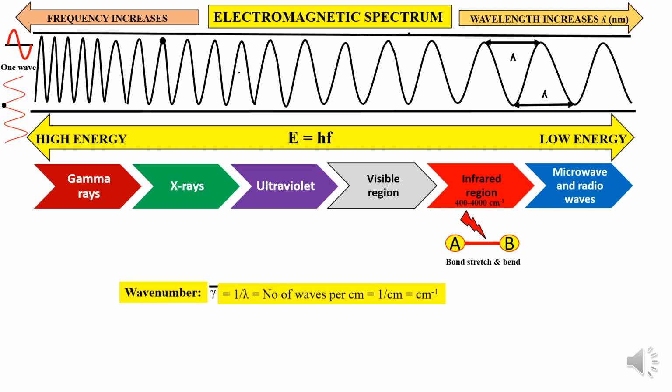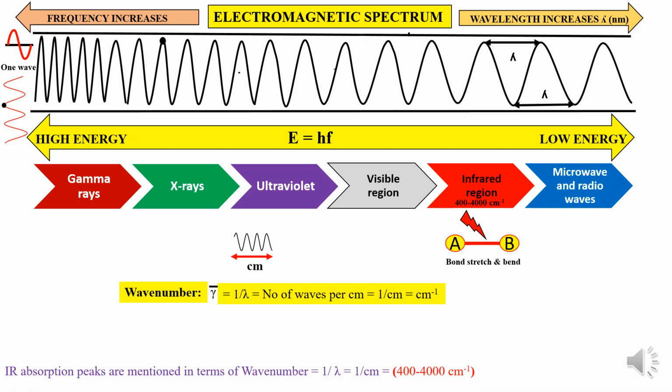Now wave number is the number of waves per centimeter. It is the reciprocal of the wavelength and hence the unit centimeter inverse. So wave number is the number of waves per centimeter of the given wave.